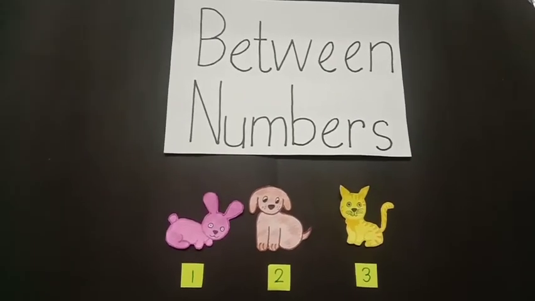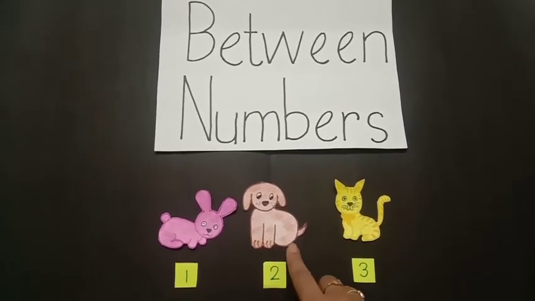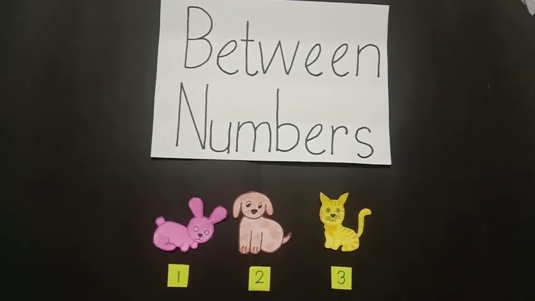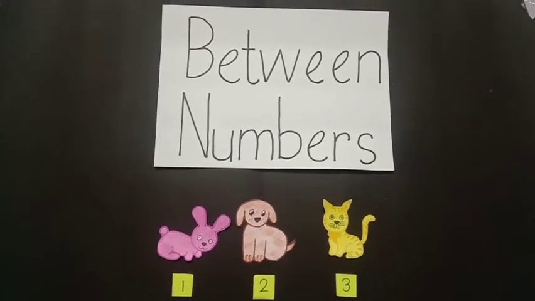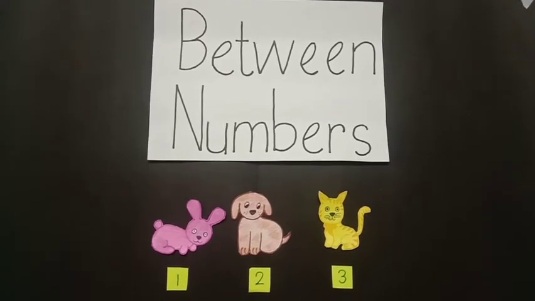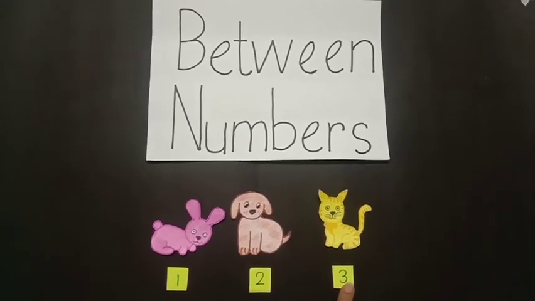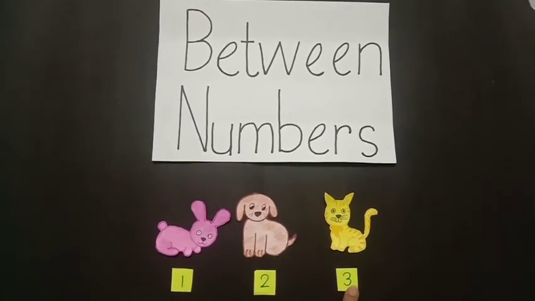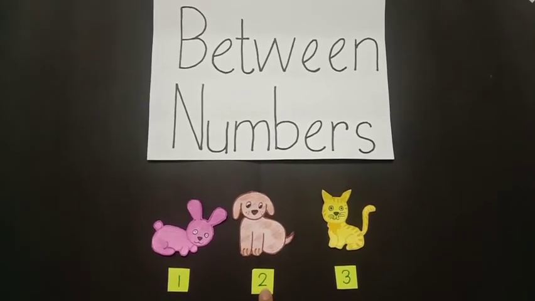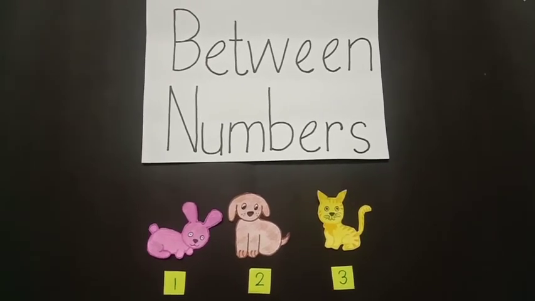So now if I give number one to rabbit, number two to dog, and number three to cat, now kids, tell me in terms of numbers, which number will come in between of 1 and 3? Yes, you can say it easily. That is number 2. Number 2 comes in between number 1 and 3.